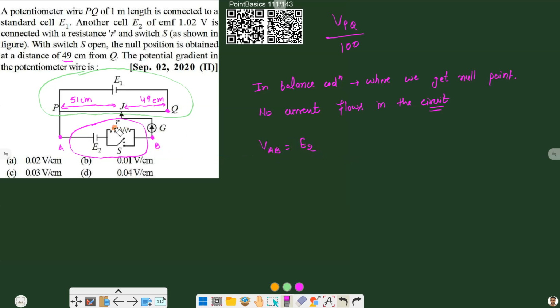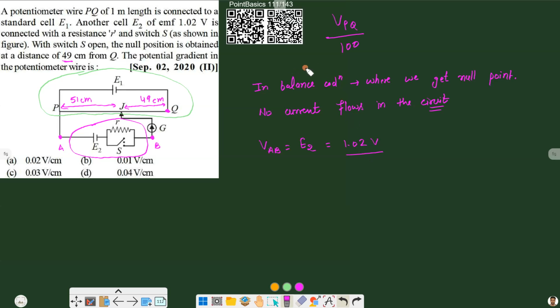As no current is flowing, there is no potential drop across this resistance R. So the potential between A and B is equal to E2, and that is equal to 1.02 volts.